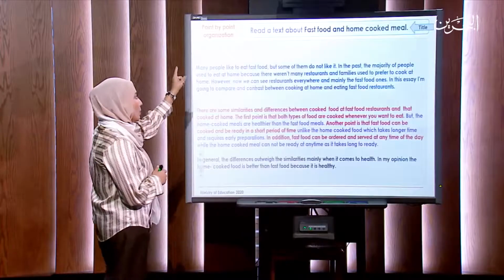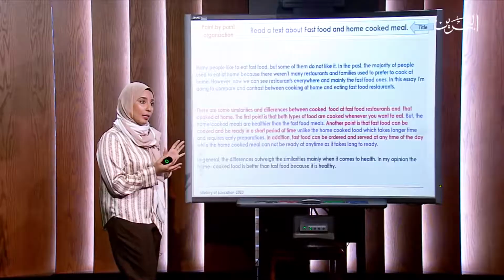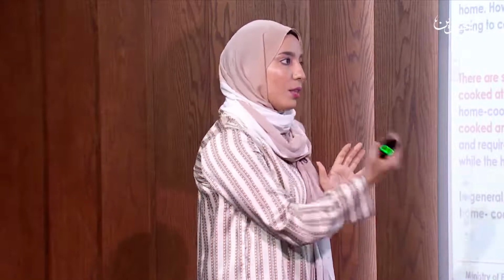So this is the point by point method. It's the same text, but I applied this method using it.